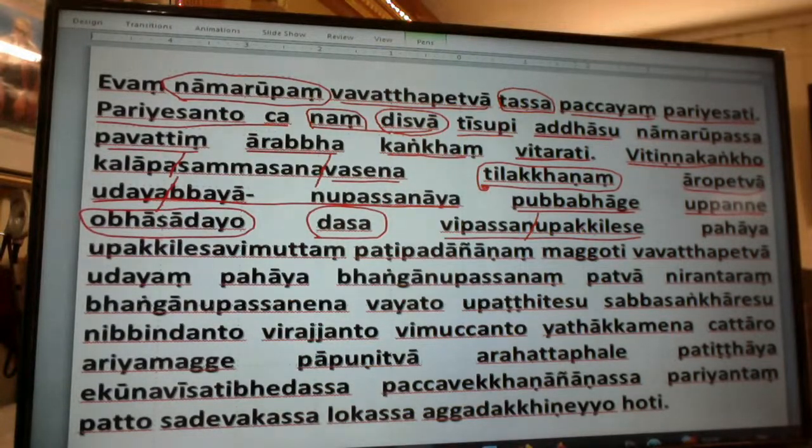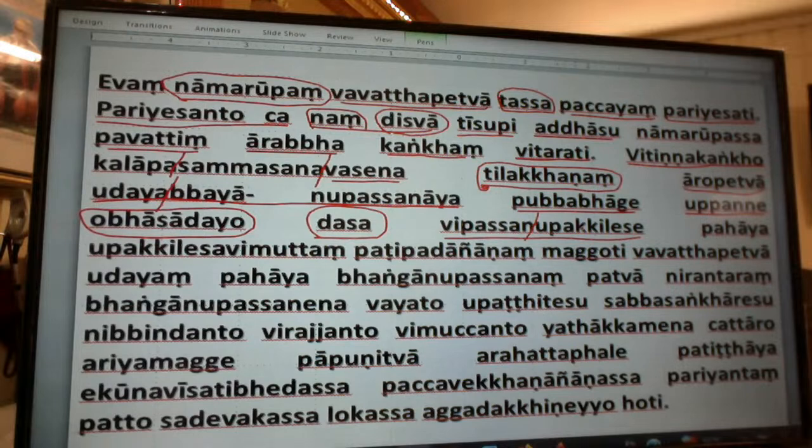So that's why we say Vipassanupakilesa. It is very important to understand: not real kilesa, but working with attachment, it is a kind of kilesa.